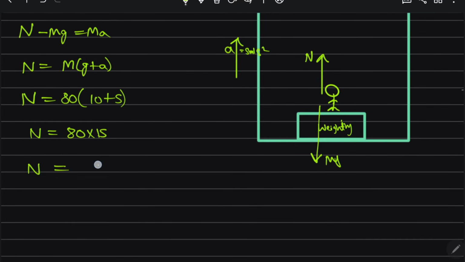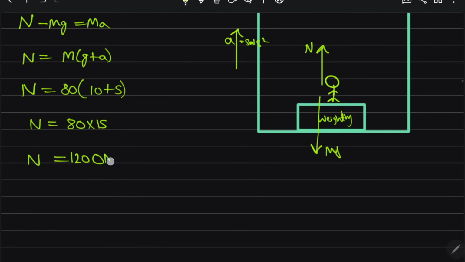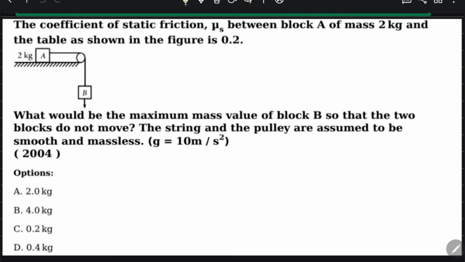So the normal reaction measured is 1200 Newton. Option B is correct. Understand now? So I proceed to the next question.